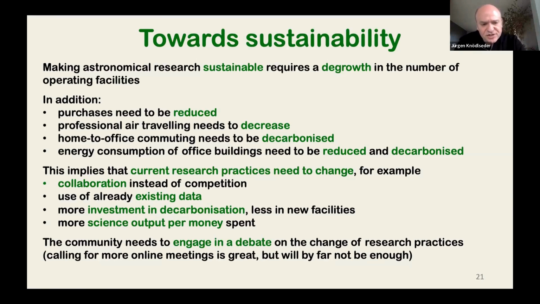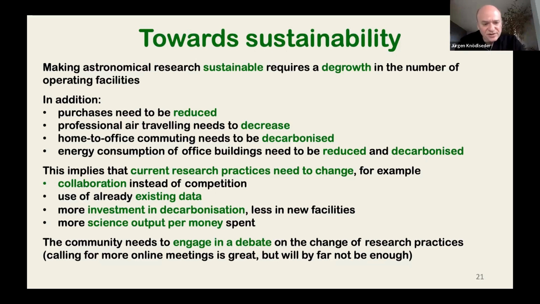And then, of course, the energy consumption of office buildings needs to be reduced and decarbonized. For example, you've seen the very important impact of clean rooms for space sciences. So if you can reduce that part, you will probably also reduce the clean room impact and the impact of human resources on space sciences.